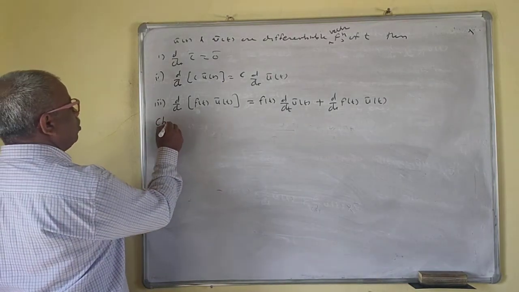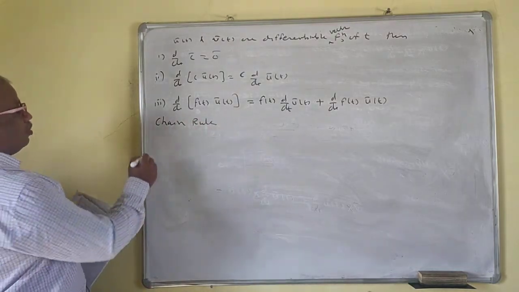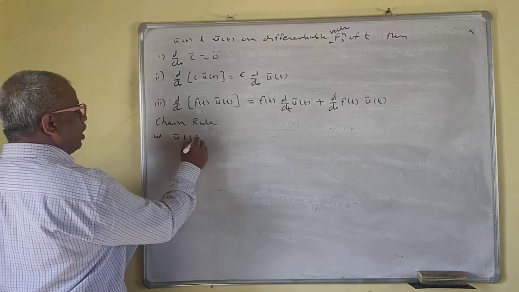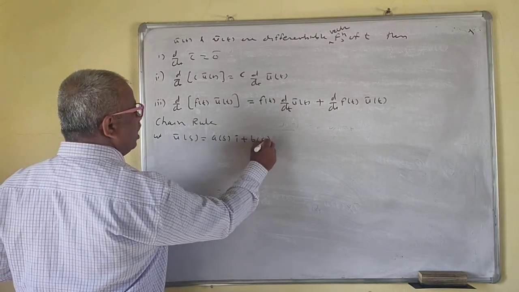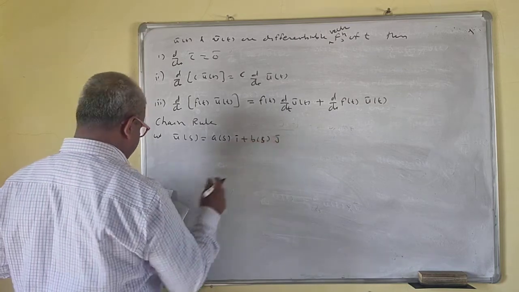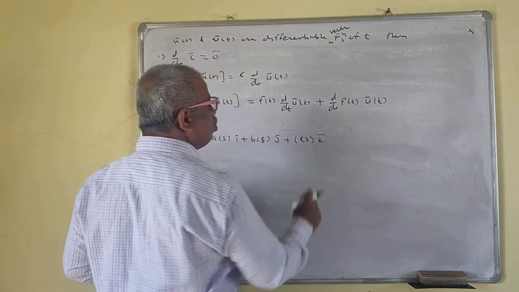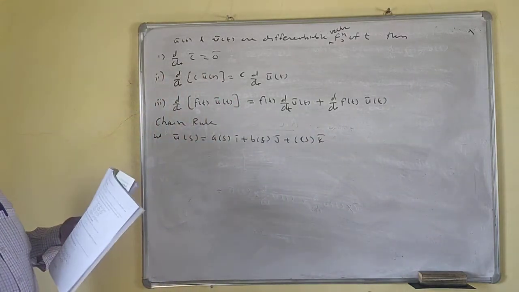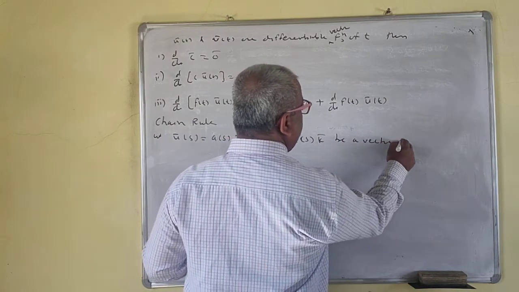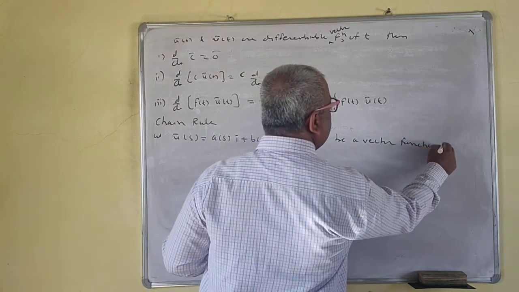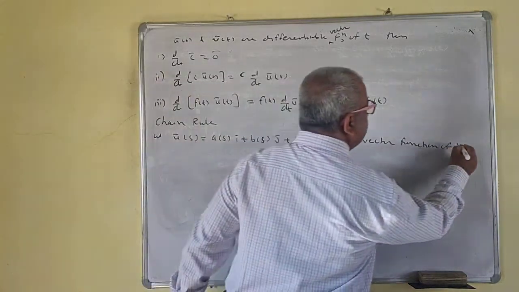Okay. So chain rule for the vector valued function. Let u bar of s is equal to a of s i bar plus b of s j bar plus c of s k bar. Instead of t, they have taken s. Be a vector function of s, where s is equal to f of t.